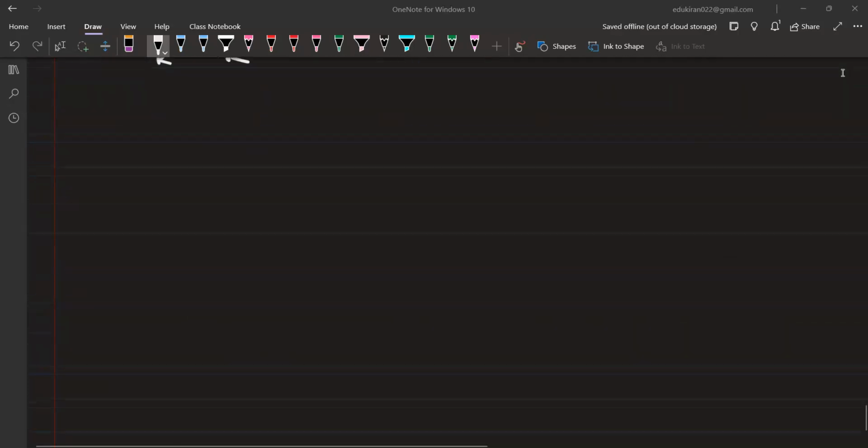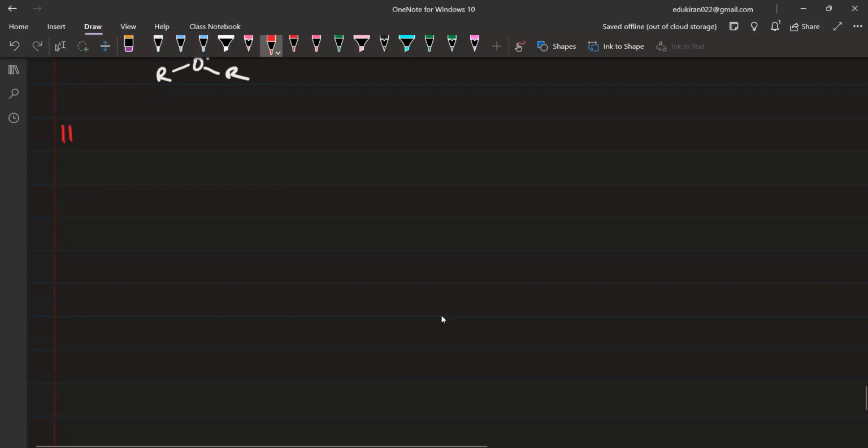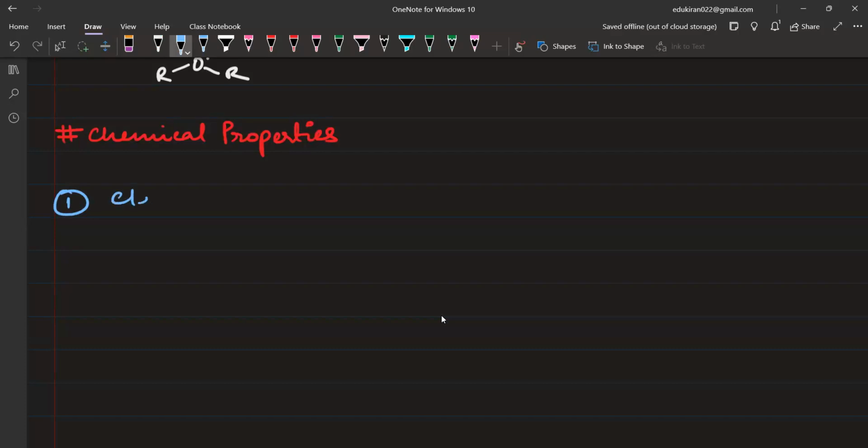After this, chemical properties. In chemical properties, the first type of reaction is cleavage of CO bond.